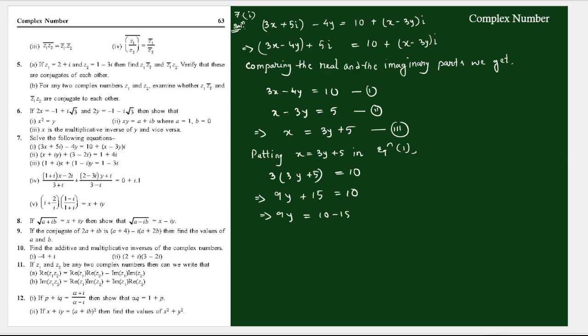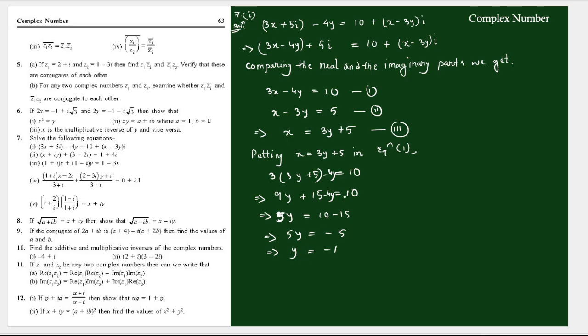Then minus 4y, 9 minus 4y is how much? 5y. So this is your minus 5. So 5y equal to minus 5. So your y will be how much? Minus 1.